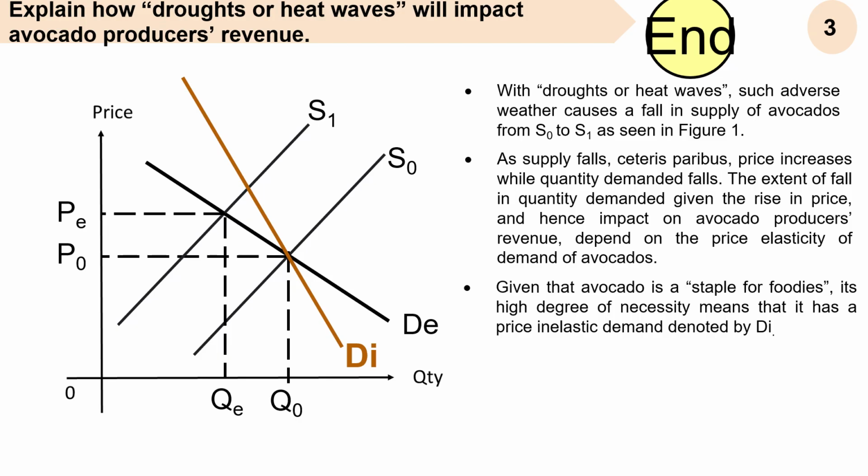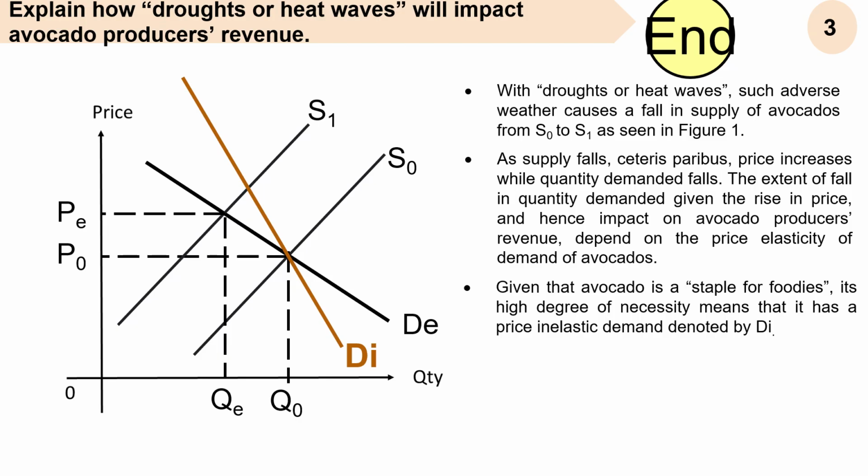And then next, you need to draw in the price inelastic demand curve because we need it as a point of comparison. So basically, DE is the point of comparison as compared to DI. Because if I only draw DE, my price increases from P0 to PE.